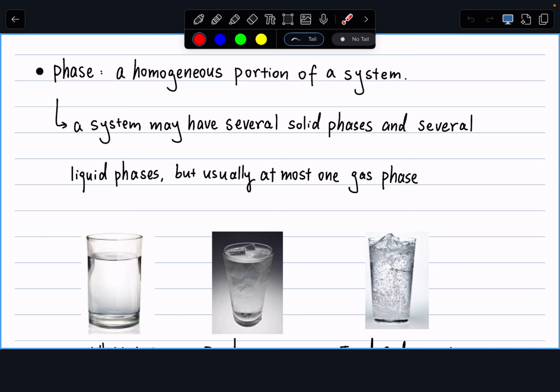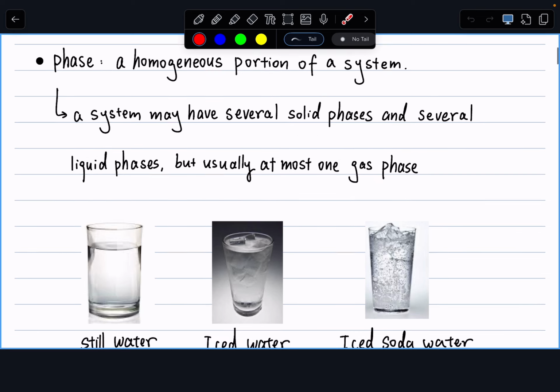Maybe multiple liquid phases. If you think about water and oil, if they're not miscible with each other, you can have multiple liquid phases as well. But usually there's only one gas phase. It's not straightforward to say, hey, I have 2 gas phases that are not mixable with each other.